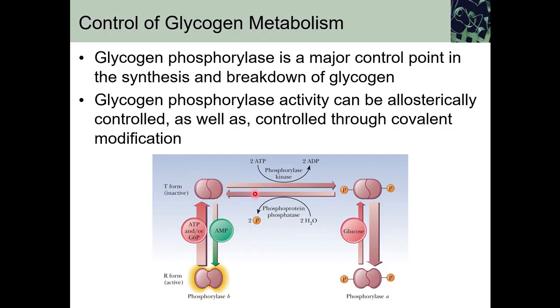So phosphorylase B is phosphorylated into phosphorylase A via phosphorylase kinase. Remember, kinases are enzymes that phosphorylate, using ATP as a phosphate source. So the phosphorylase kinase phosphorylates phosphorylase B into phosphorylase A. Okay, we now have phosphorylase A. But notice that the equilibrium favors the R form of phosphorylase A, and the R form is the active form.